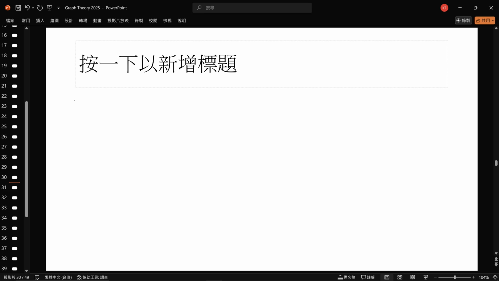So Vn must be adjacent to some vertex x in the set of vertices that have like the smaller degrees. Okay. So this one has like the largest degrees, and this one has like the smallest degrees in the graph.